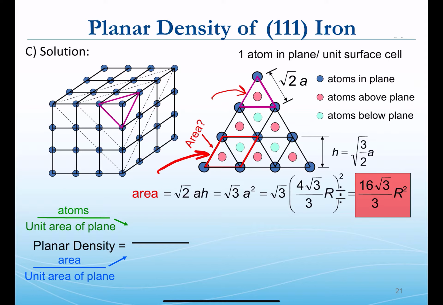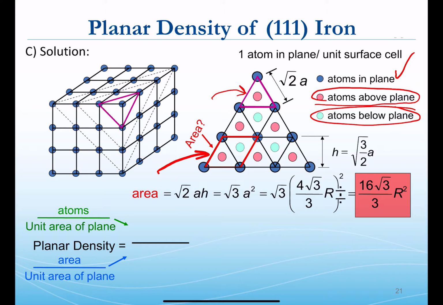The idea here is that the numerator, the number of atoms in the plane, we are not going to get something from that body-centered atom. So you see that reflected here, that atoms below and above the plane of interest will not count. Okay, so really it's the blue atoms only that we are going to count.